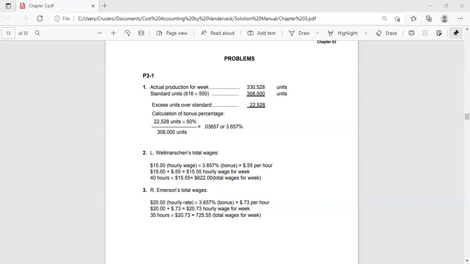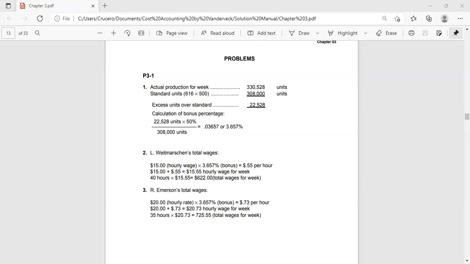So we have now from Monday to Friday, Saturday, and we have the hours worked and the production units. So first, we have to determine the hourly bonus rate. Now, the actual production for the week is totaling 330,528, and the standard units is 616 times 500.